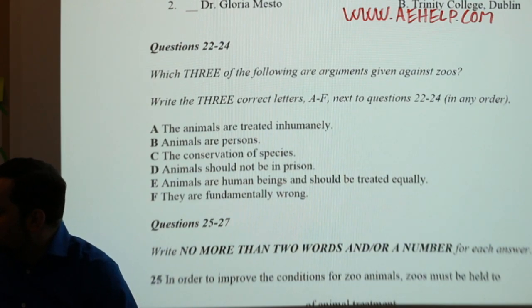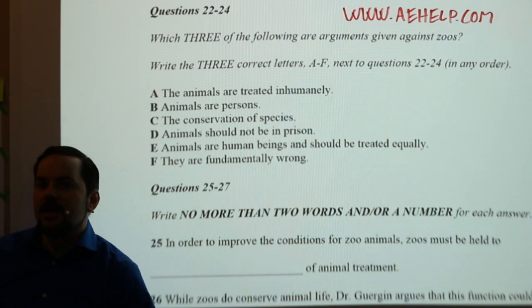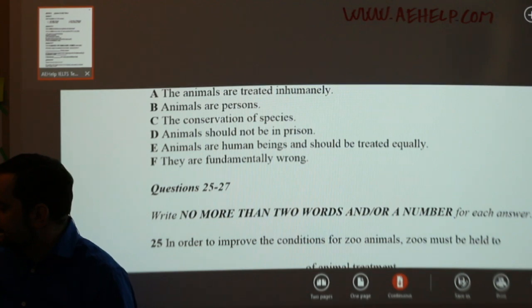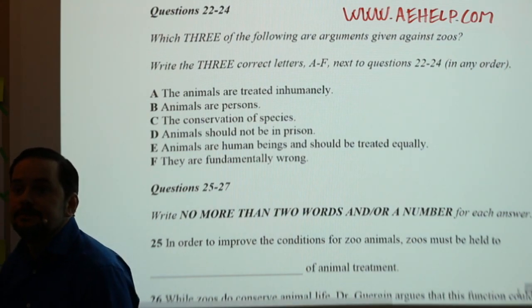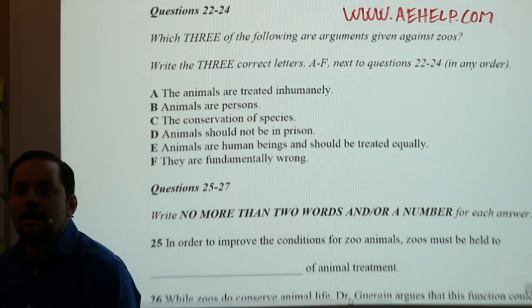Animals are treated inhumanely. What's another way to say animals are treated inhumanely? Yeah, animals are treated cruelly. Animals are abused. Unethical treatment of the animals.